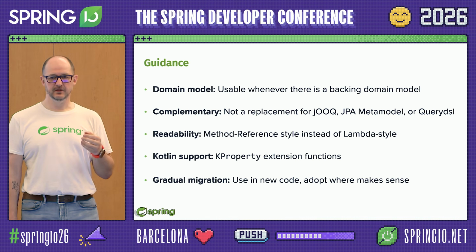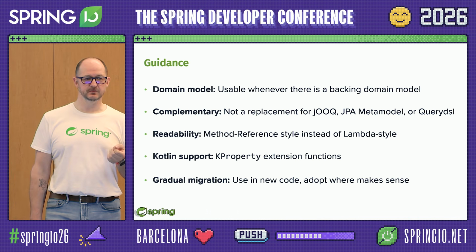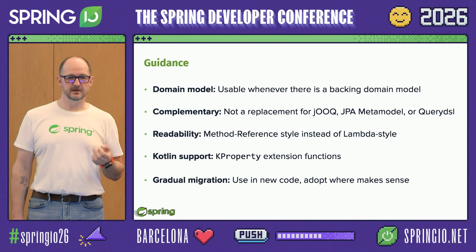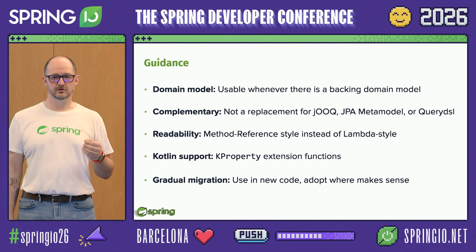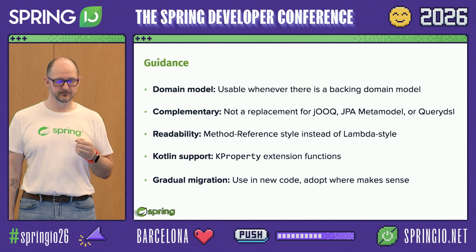Wherever you have a domain model, and really that is the prerequisite for entering the space of type property paths, then type property paths might be a good alternative for you to give it a try and start small.